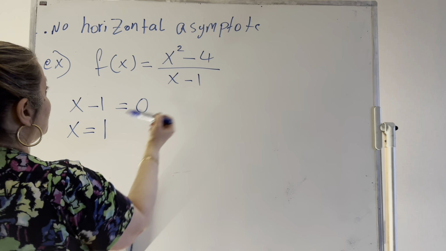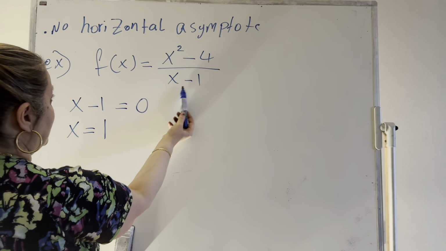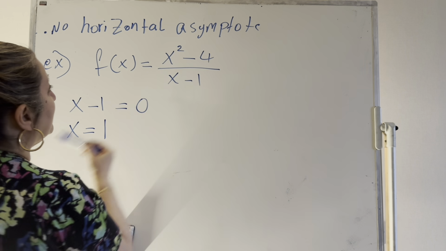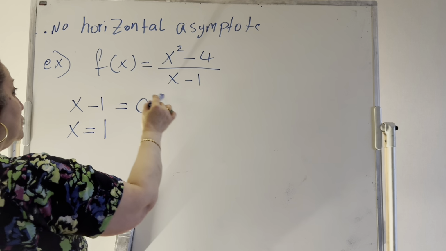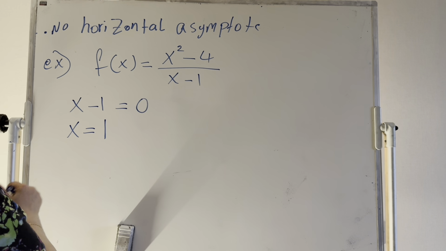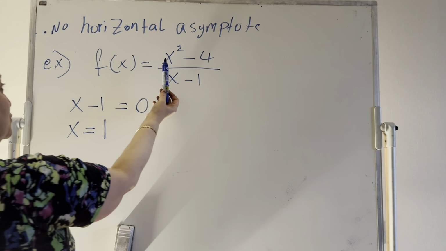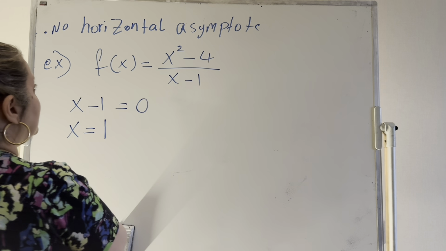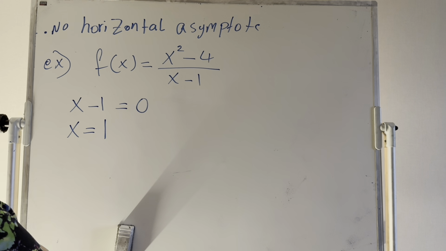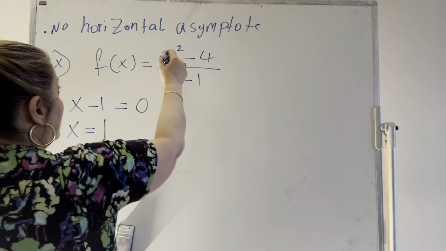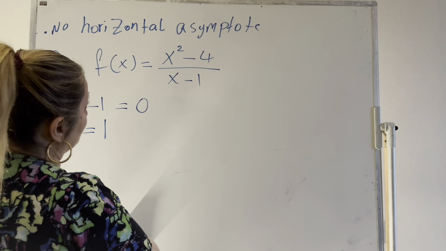If I substitute 1 instead of x in the denominator, it will be 1 minus 1, so the denominator will be 0. But when I substitute 1 instead of x in the numerator, it will be 1 squared minus 4, which is minus 3.